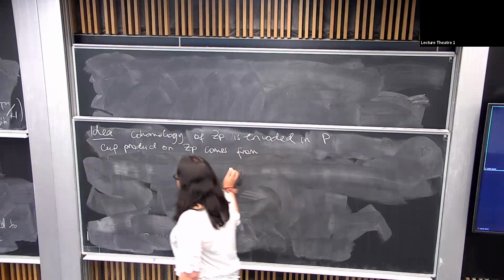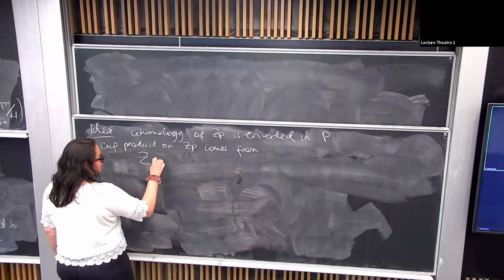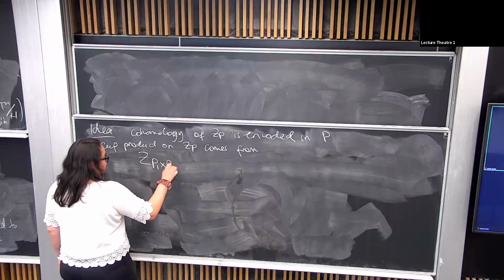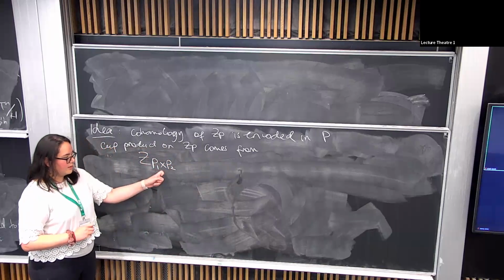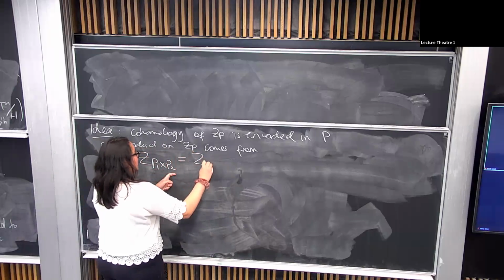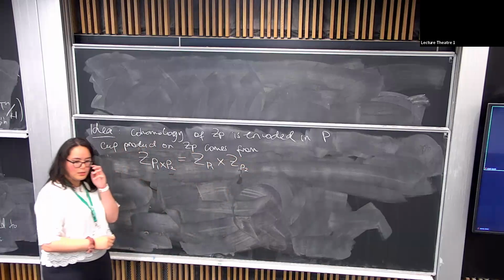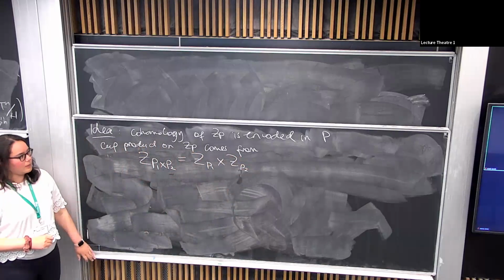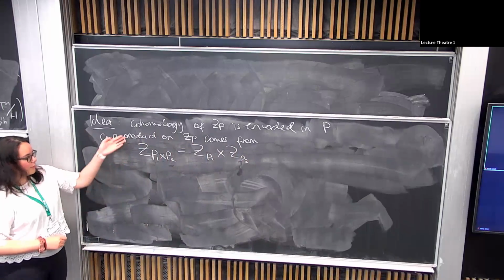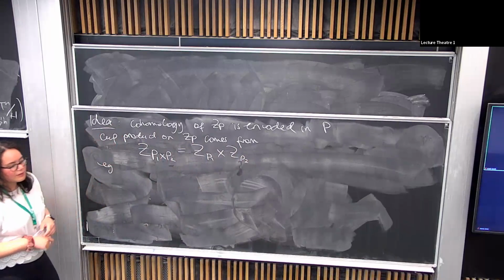Let's say it comes from the fact that if we take Z of P1 cross P2, then this should give us Z_P1 cross Z_P2. So the product on moment angle manifolds is kind of induced by this product.